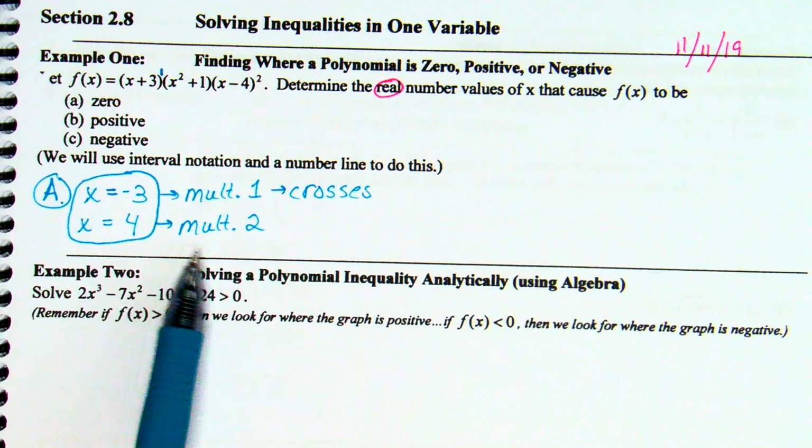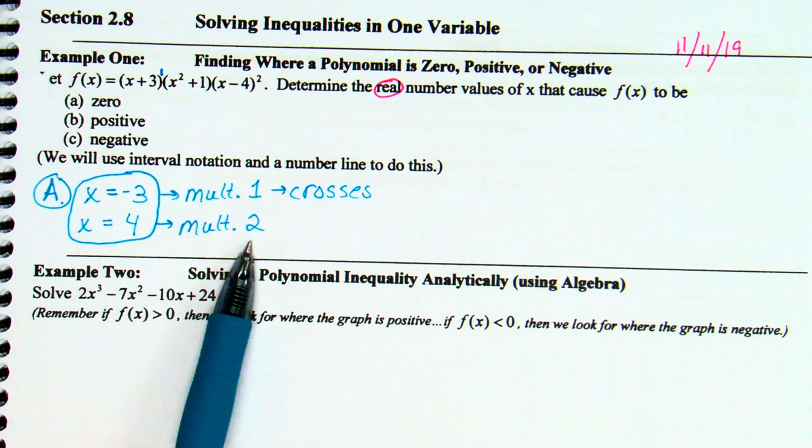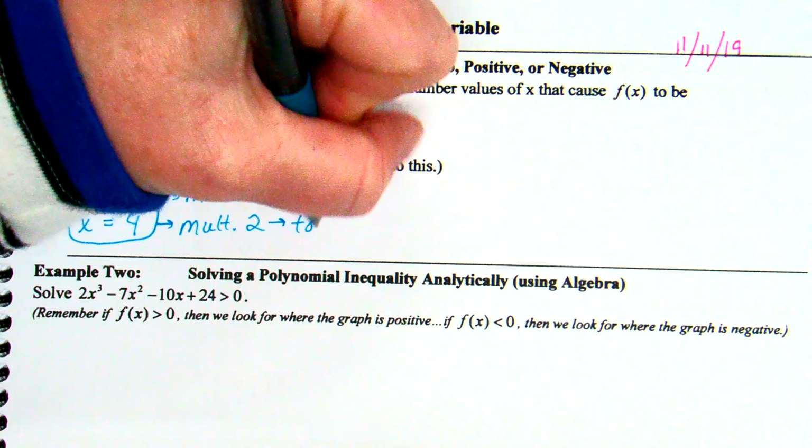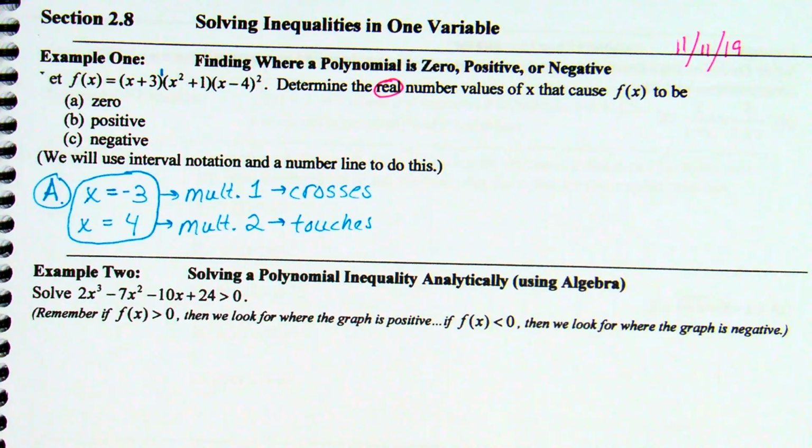What does an even multiplicity say? It touches. Okay, so the answer I only really needed for part A is the negative 3 and 4, but I kind of wanted to do that with you.